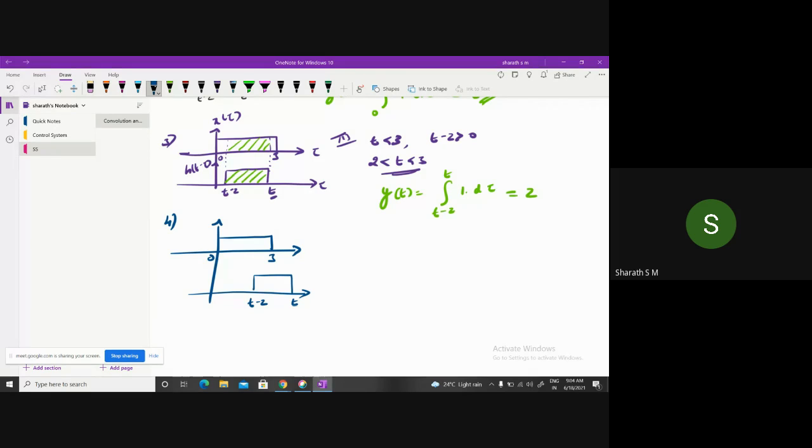So now the limit is t is greater than 3 and t minus 2 is less than 3. That indicates t is in between 3 and 5. So now where does it overlap? T minus 2 to 3.